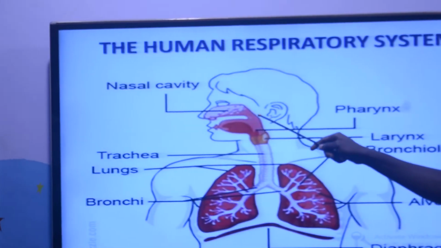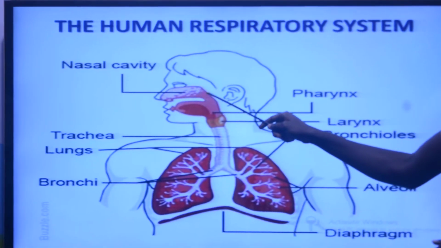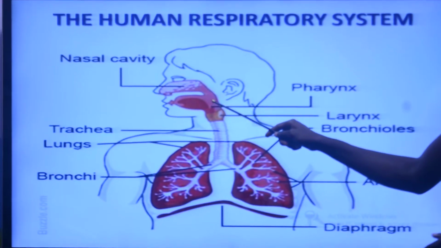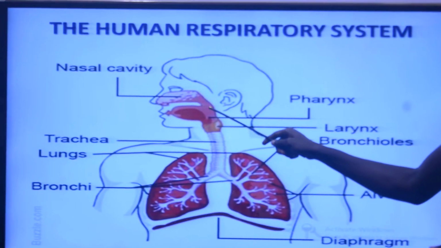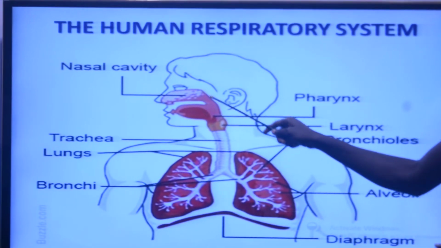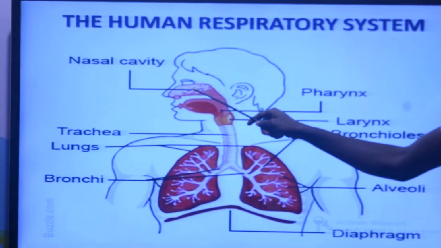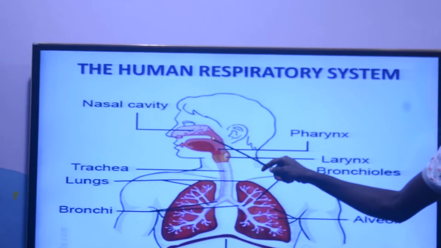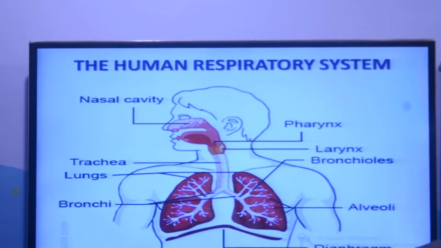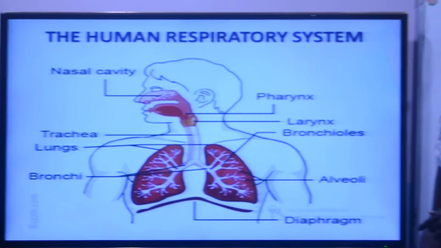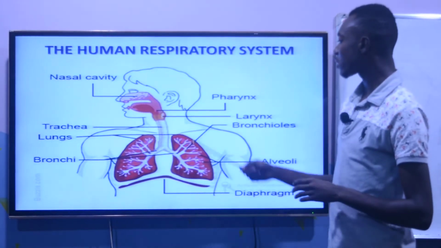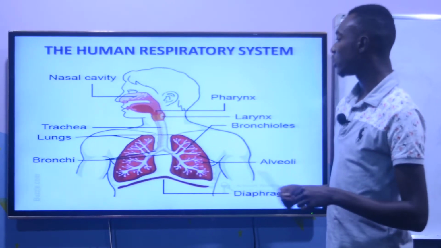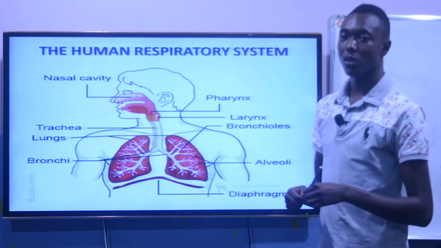Now, the pharynx stretches right from this end up to this end, meaning the mouth or the buccal cavity joins up with the nostrils here, being the pharynx. Take note of that.